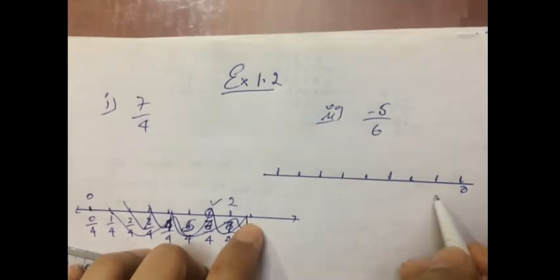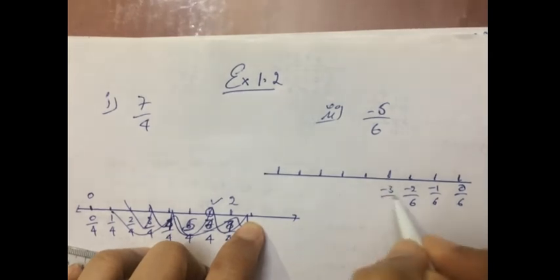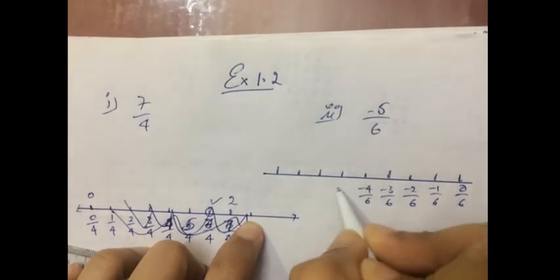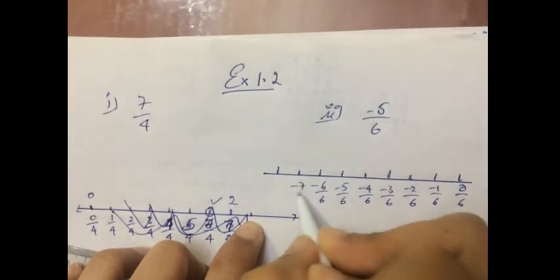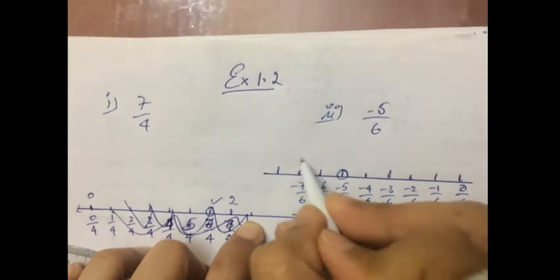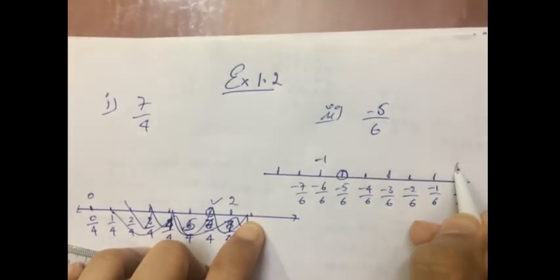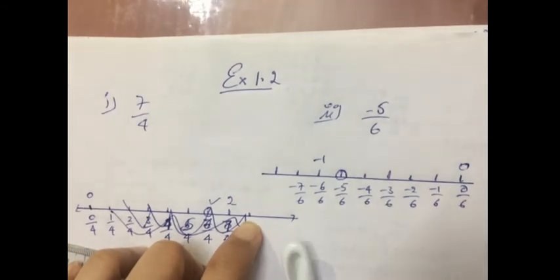Let's say this is 0, minus 1 by 6, minus 2 by 6, minus 3 by 6, minus 4 by 6, minus 5 by 6, minus 6 by 6, minus 7 by 6. This is the number which we have to denote. This is minus 1 and this is 0. Means each unit has been divided into 6 equal parts.